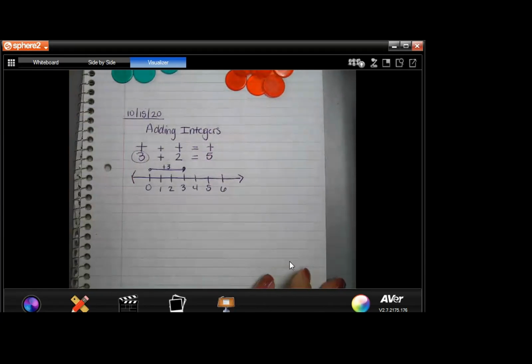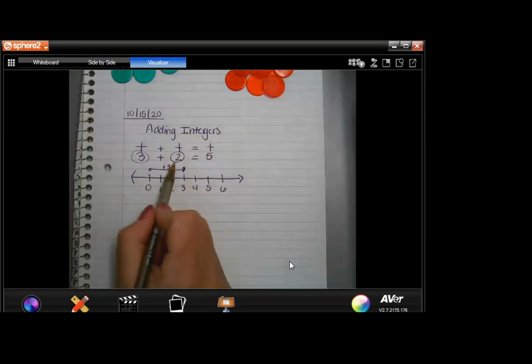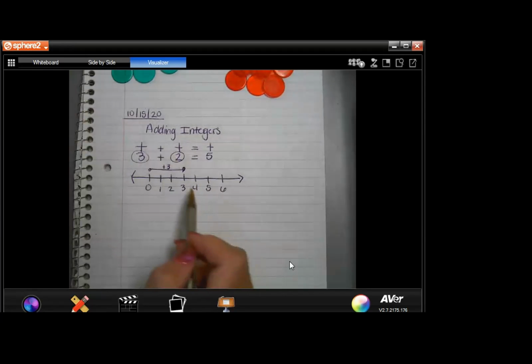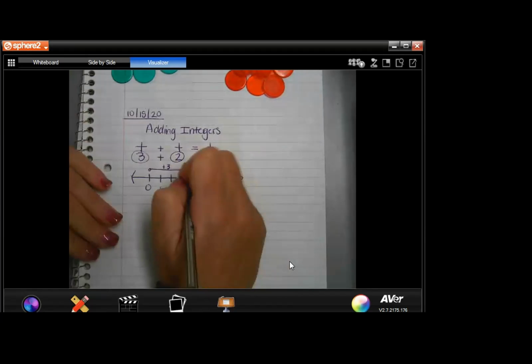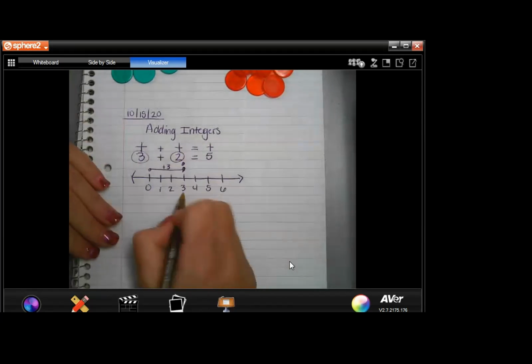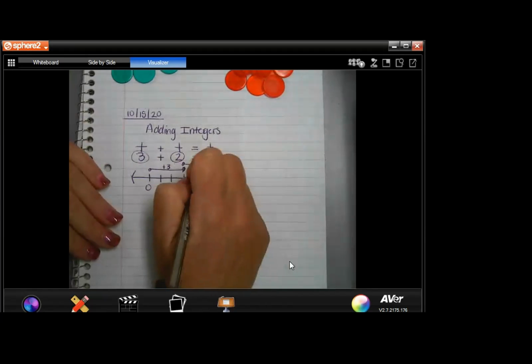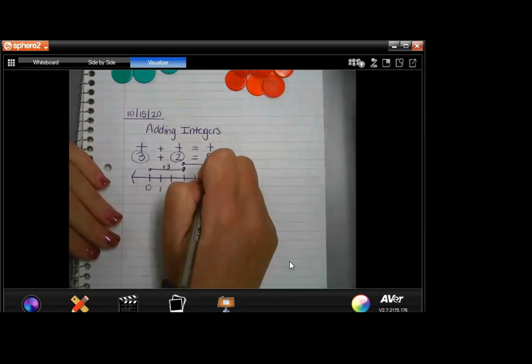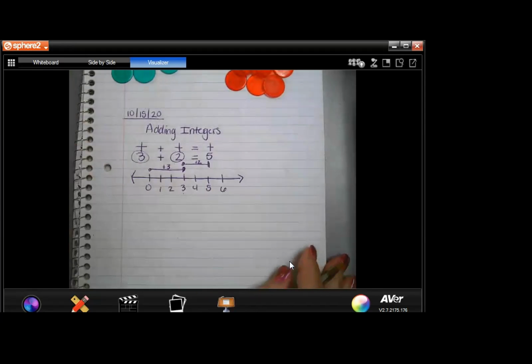Okay, right? Now we're going to add positive 2 more. So when you add positive, that means you're still going in the positive direction. So we're going to go up, starting at 3. You're going to go up 1, 2 more, and you're going to land right here. Now I know you're like, oh, Mrs. Parkin, why are you showing me this number line?